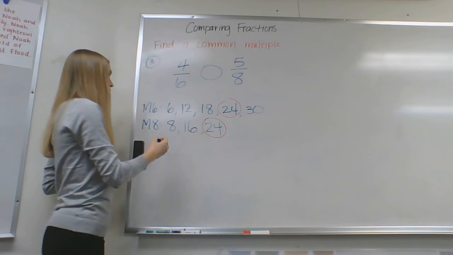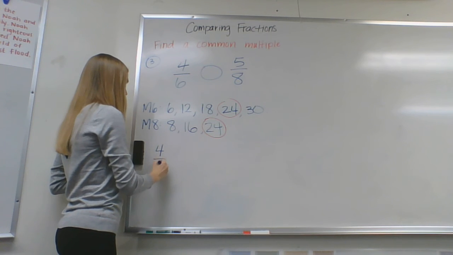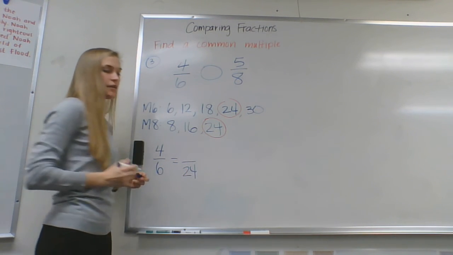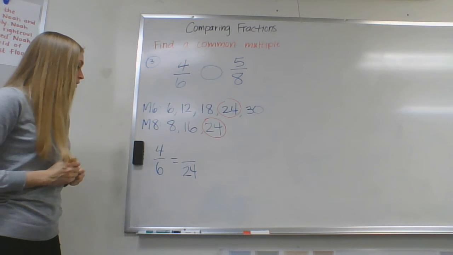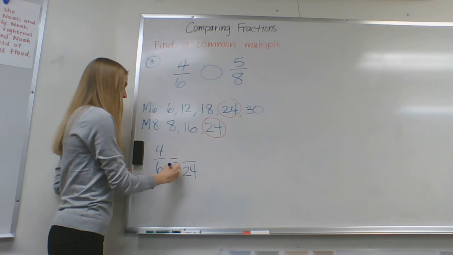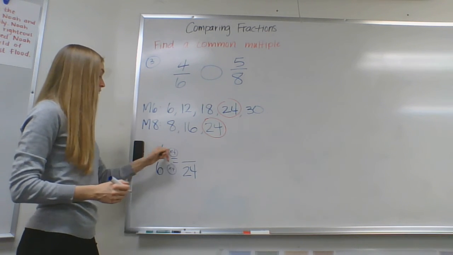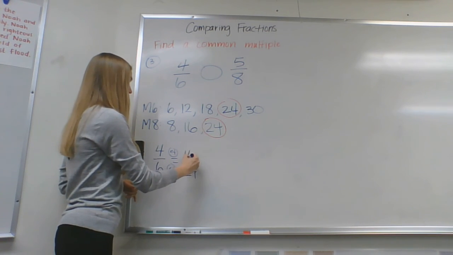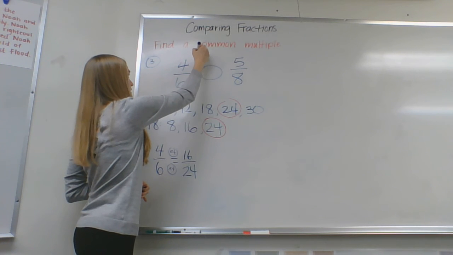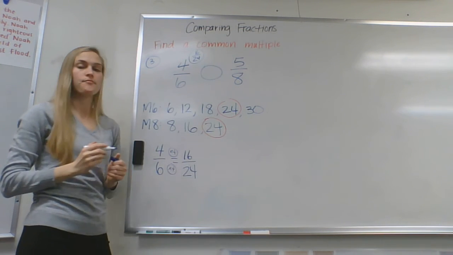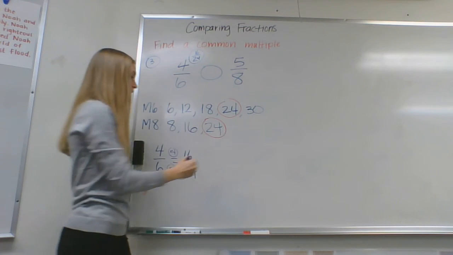All right, so we got 4/6, and we want that to have a denominator of 24, which means you need to multiply the top and bottom both by 4 to keep them equivalent, and 4 times 4 is 16. So this is 16 over 24. All right, then we want to change our 5/8 also.